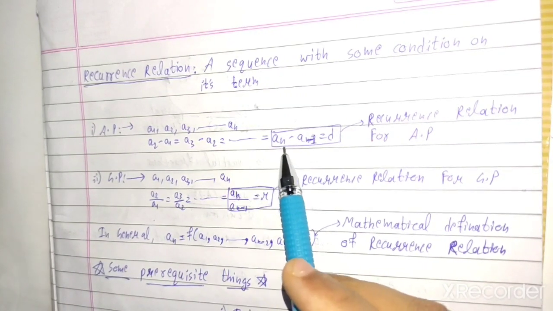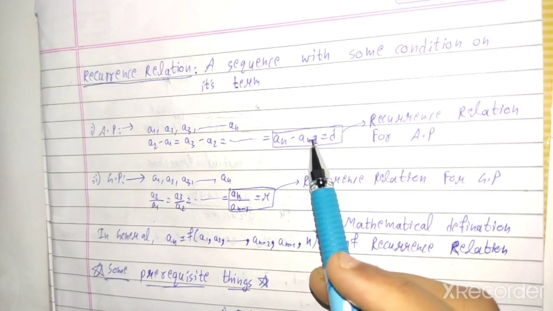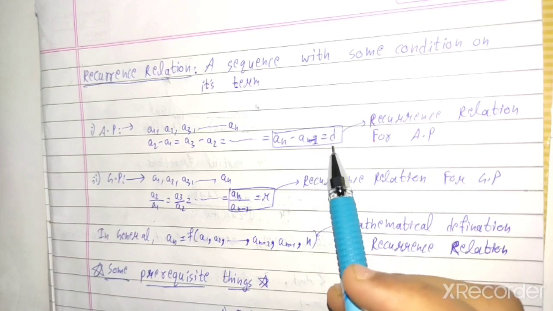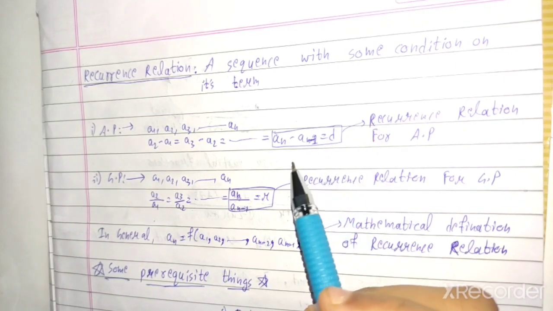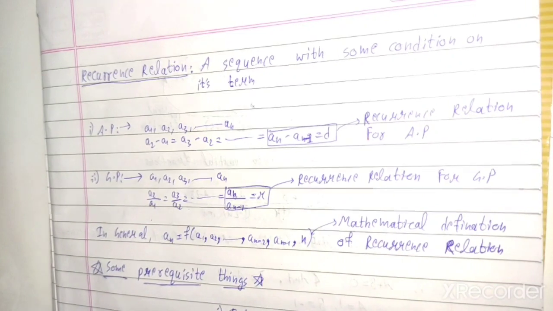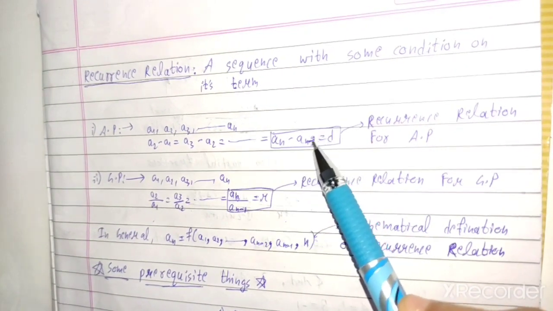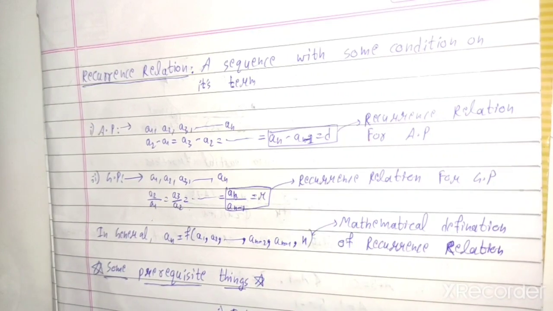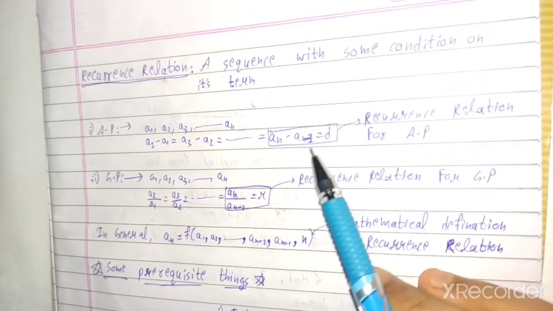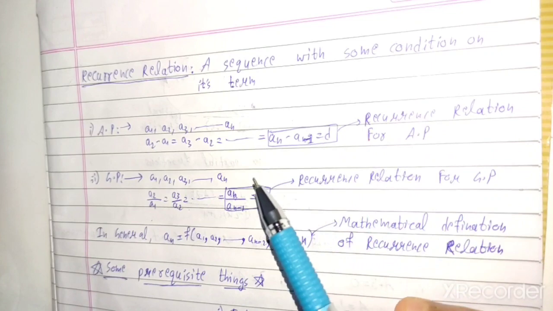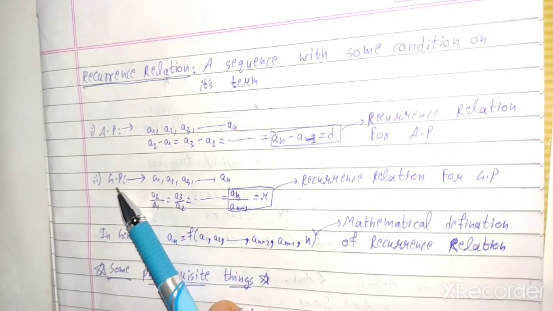In general, the nth term minus the (n minus 1)th term must be some constant. Let's say d is the constant. So here the nth term is some relation or function of the previous term and some relation on n. Similarly, it is the case for a GP.